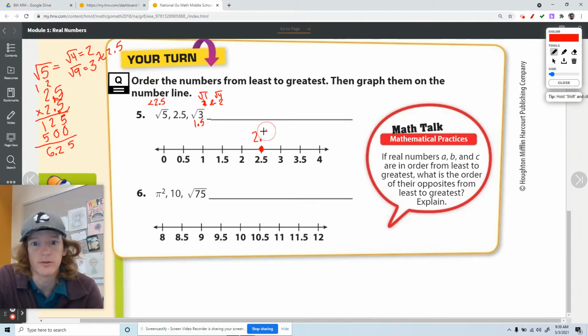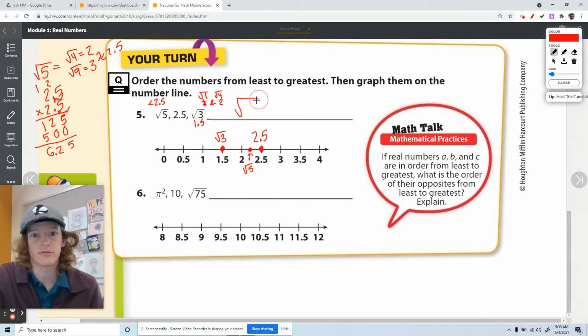This is our 2.5. Next, we know the square root of 5 is a little bit less than that, so we'll put it maybe about right here. Square root of 5. And then the square root of 3 will be about 1.5. Order them from least to greatest: square root of 3, square root of 5, 2.5.